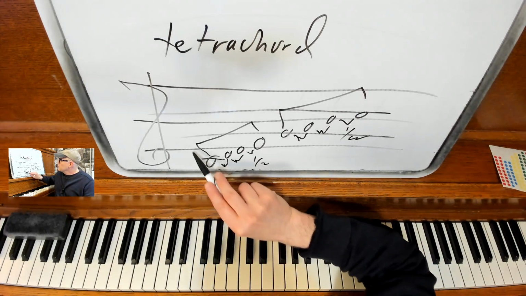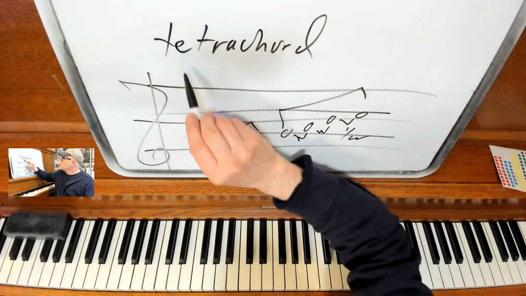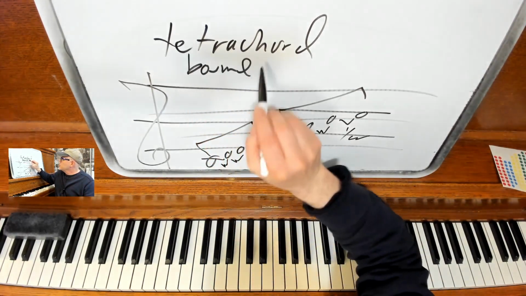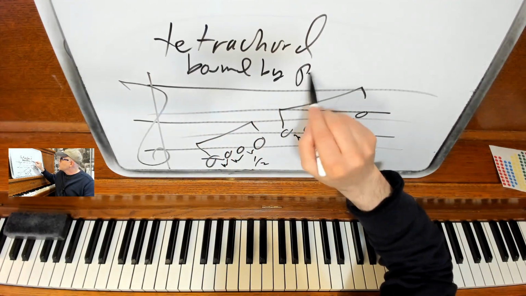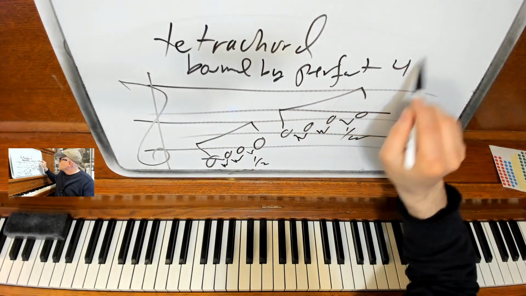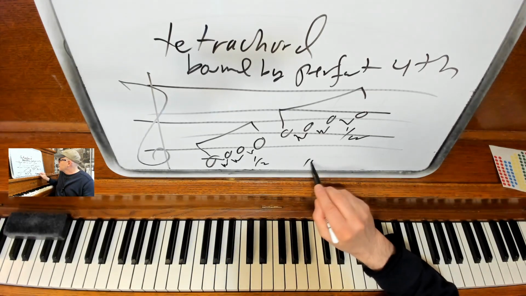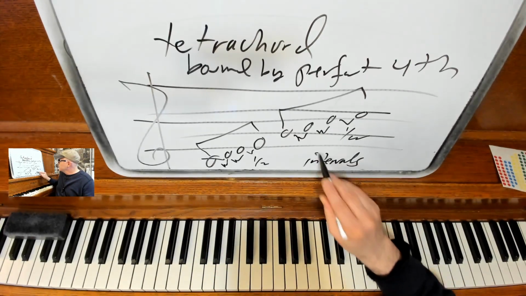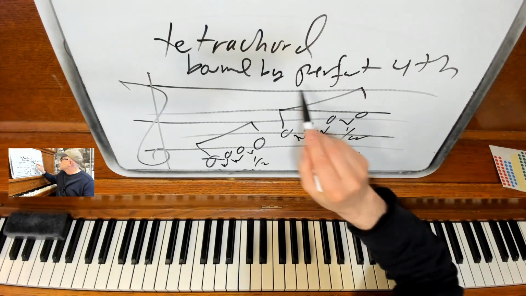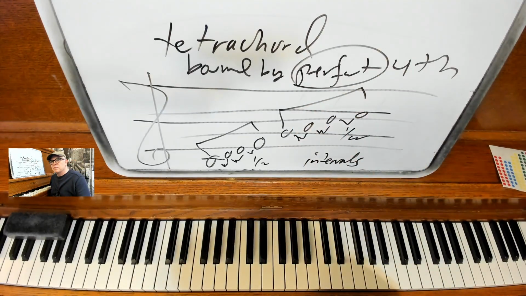And those tetrachords are bound by a perfect fourth. Fourth being the distance from C to F, that's a fourth, okay? And there's different kinds of fourths, different kinds of intervals, I-N-T-E-R-V-A-L-S, but perfect intervals are the ones we start with.